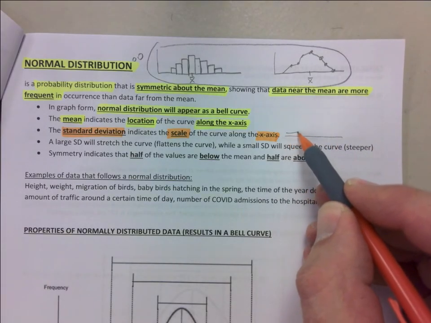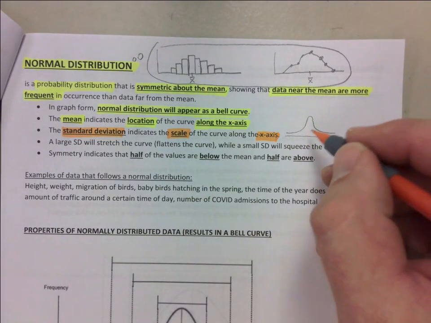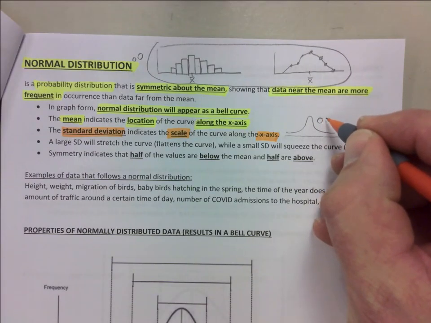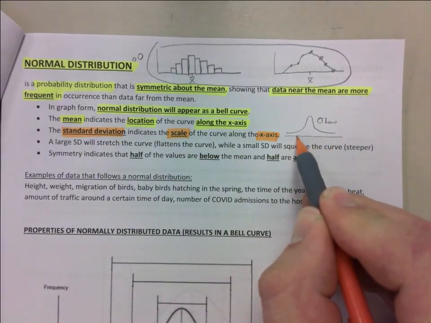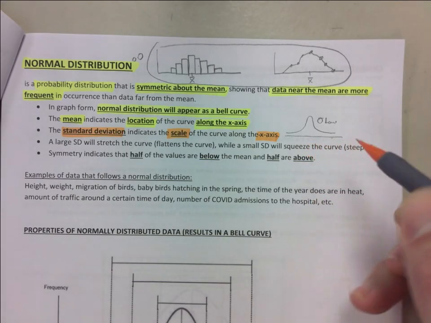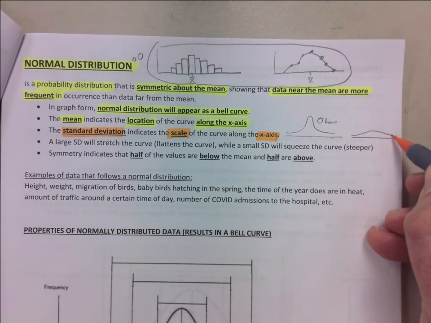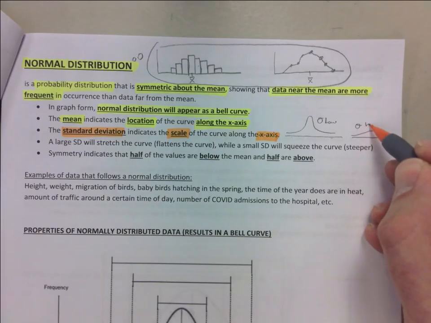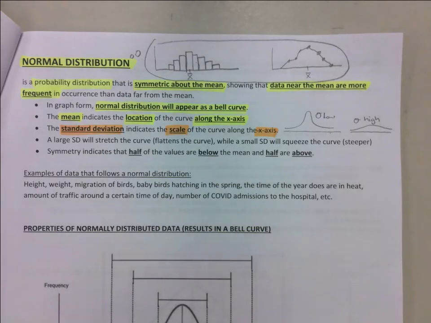If you have a steep curve, standard deviation is low, so the x values here will also be closer together. If you have a flatter curve, standard deviation is high, right? So that will affect your x scale. More on that later. Right now, we don't need to worry about it too much.